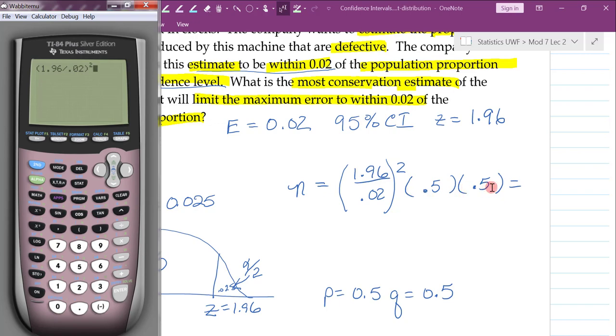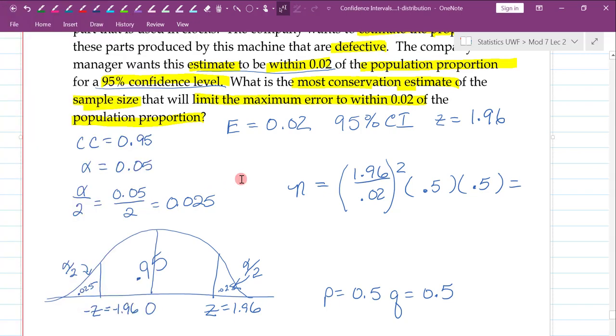Now I have to multiply it by 0.5, so times 0.5, that's my P, times 0.5, that's my Q, hit enter. So 2004, we have to sample 2004 parts. In this case, 2004 parts in order to be assured that we are 95% confident that we will be within 0.02 of the population proportion.